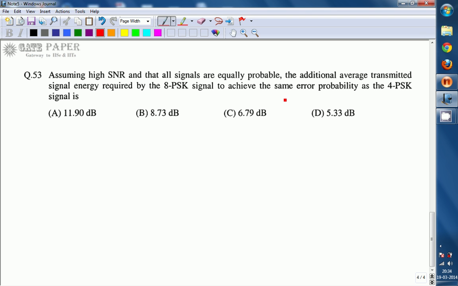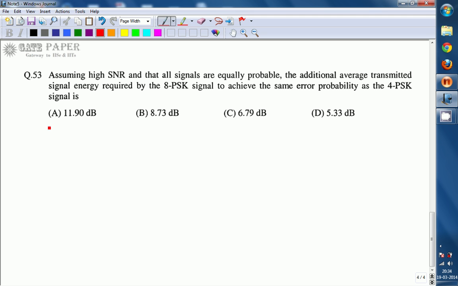To get the 4 PSK error probability for the 8 PSK, how much additional energy is required? The answers are given in dB: A is 11.90 dB, B is 8.73 dB, C is 6.79 dB and D equal to 5.33 dB. Now we will see the solution.